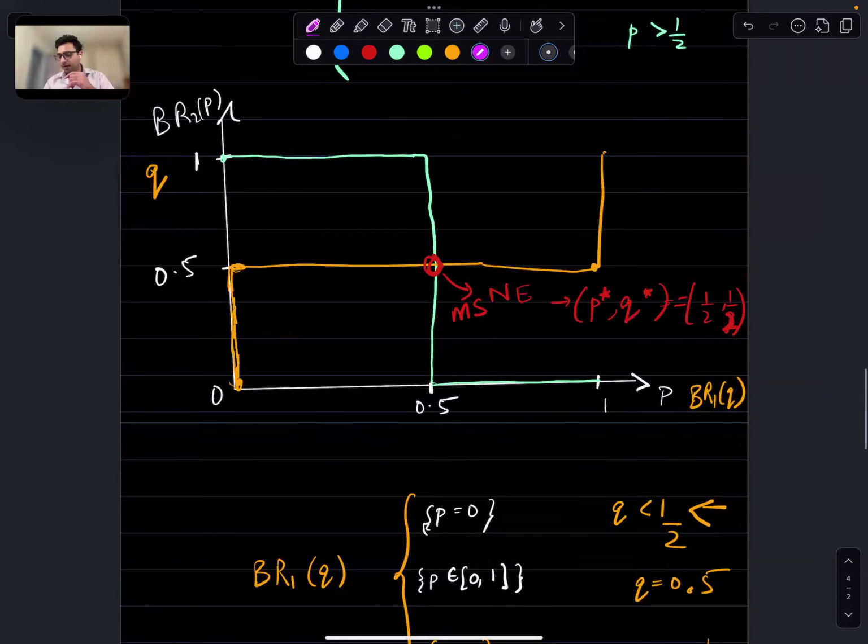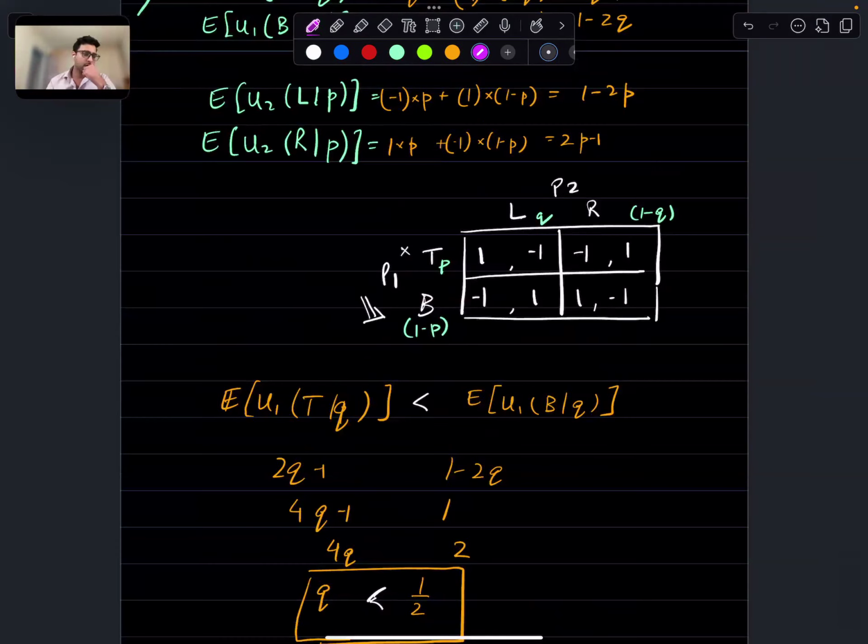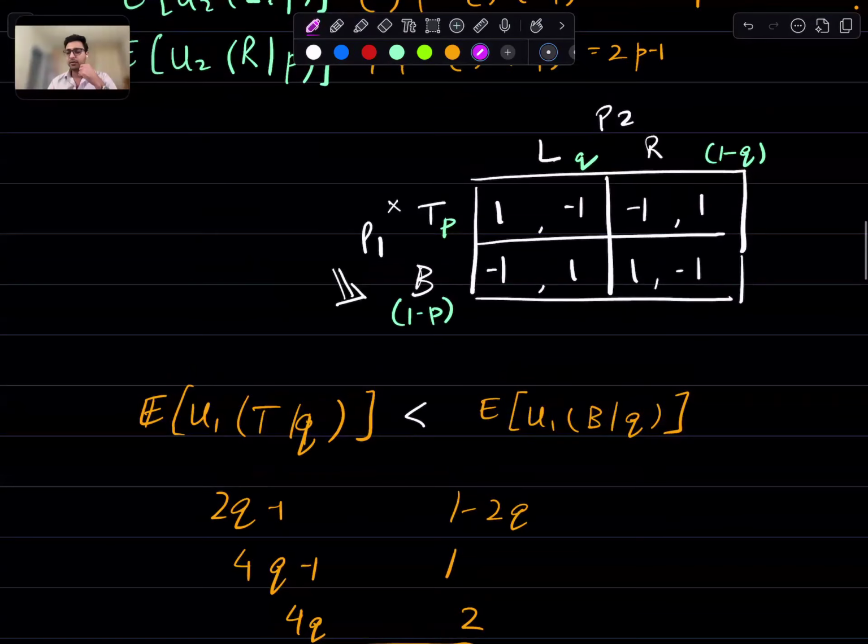Okay, and so if you look at this game, there was no mixed strategy Nash equilibrium in which players choose actions with probability zeros and ones. And the reason for that is, again, if you don't find a mixed strategy Nash equilibrium in which players play pure strategies, then that must mean that there is no pure strategy Nash equilibrium.